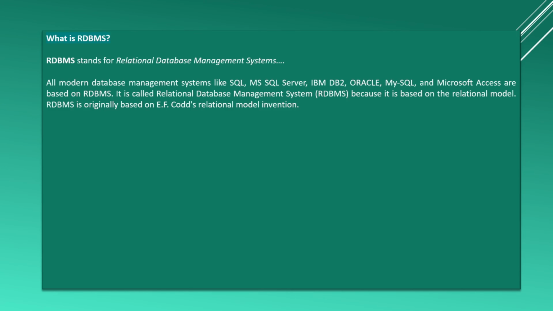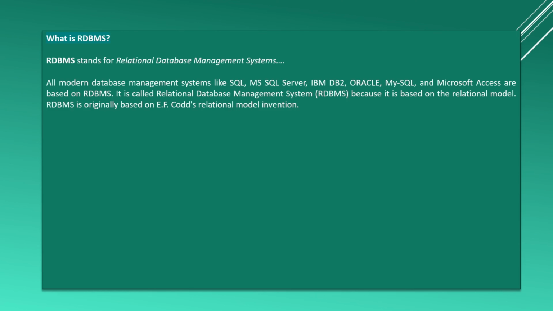In database, there is a word called RDMS. What is RDMS? RDMS stands for Relational Database Management System. It is called RDMS because it is based on the relational model.